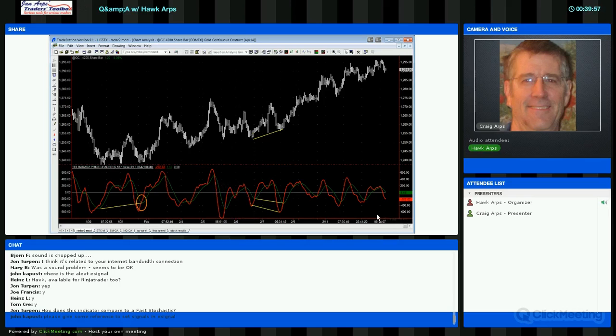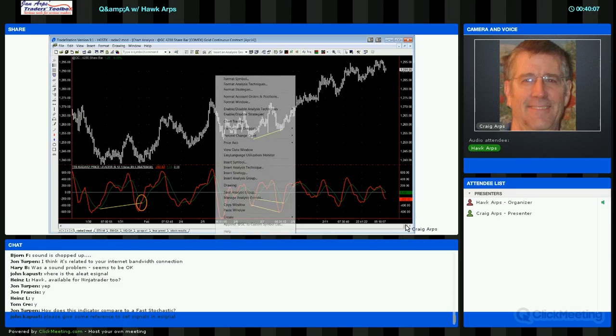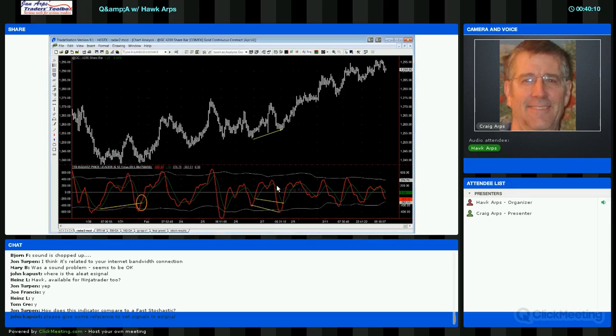And this, unlike a lot of oscillators that have static overbought and oversold lines, ours is programmed to adjust to the market dynamically. So you can see it's kind of a wiggly line, and it gives us overbought and oversold indications, which, like a lot of other oscillators, are good indications for taking action in the market.